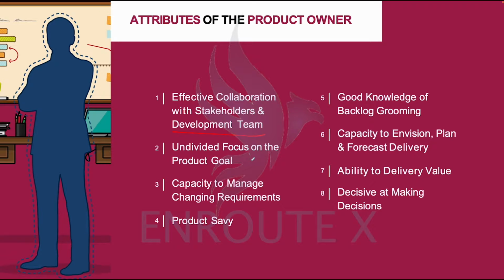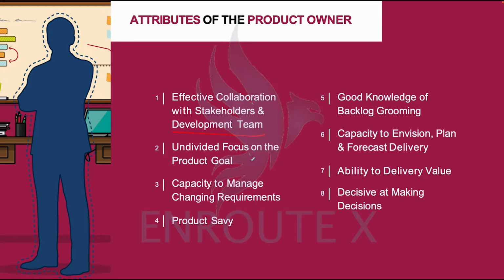So the product owner must have effective communication and collaboration skills. Also, in module 2 we mentioned that the product owner is fully committed to the stakeholders and also fully committed to the developers, ensuring that there are no gaps between both the stakeholders and the development team.